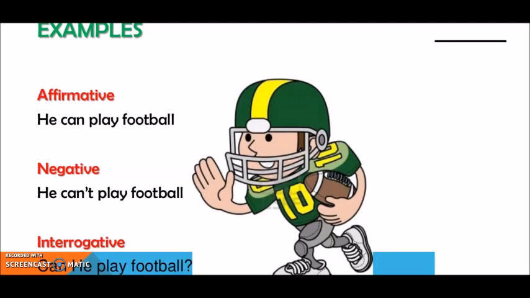This is the contraction here, as you can see. Then is the interrogative form. Can he play football? So you're going to use this verb only when we talk about ability.